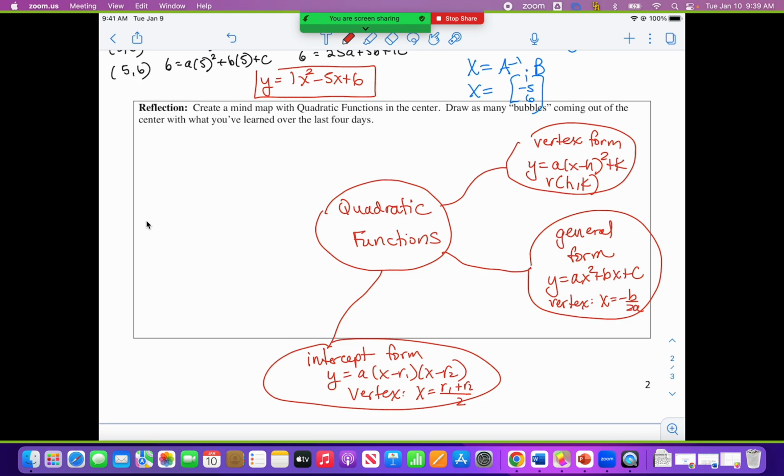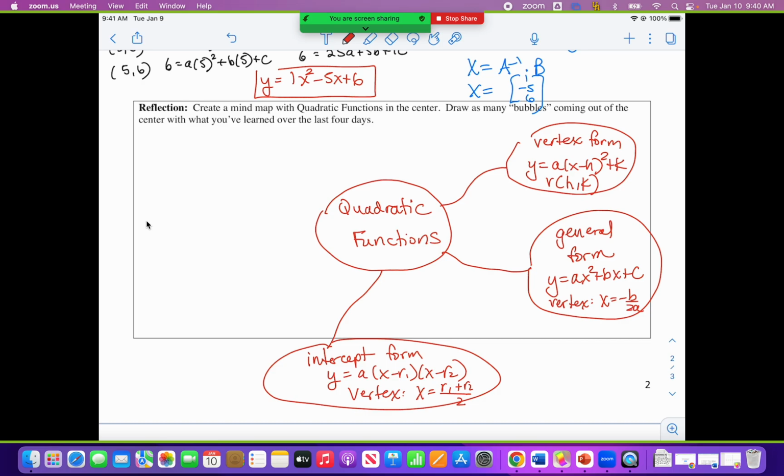All right, what's another bubble besides these 3? What's something else we've worked on? I mean, these are the 3 biggies, but what else have we talked about? Maybe think about your graphs.